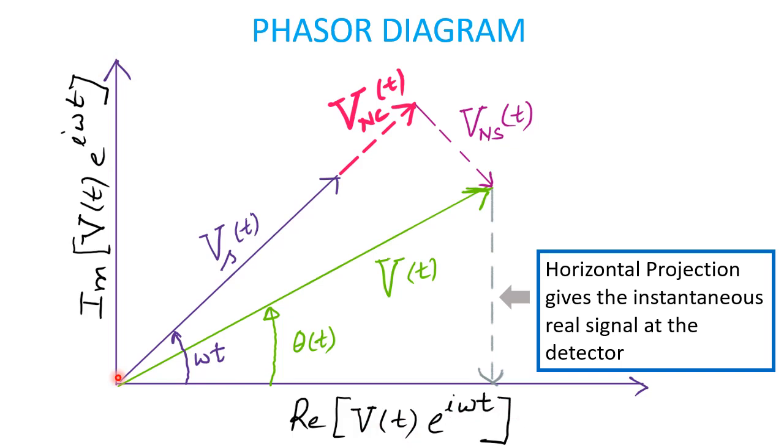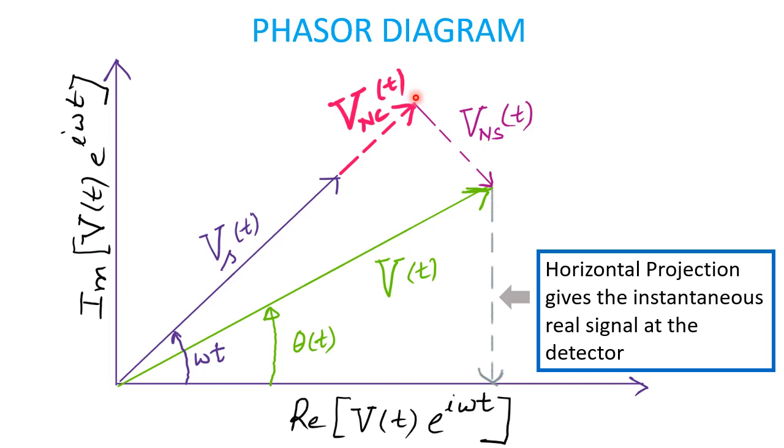Then you see that my Vs of t is some sort of an amplitude, which is of course time dependent. To that, in phase, that is, there is no phase difference between Vs and Vnc. Remember, Nc was the in phase component of the noise. This again is a time dependent variation that you might add. So I'm looking at an instantaneous picture of the phasor diagram.